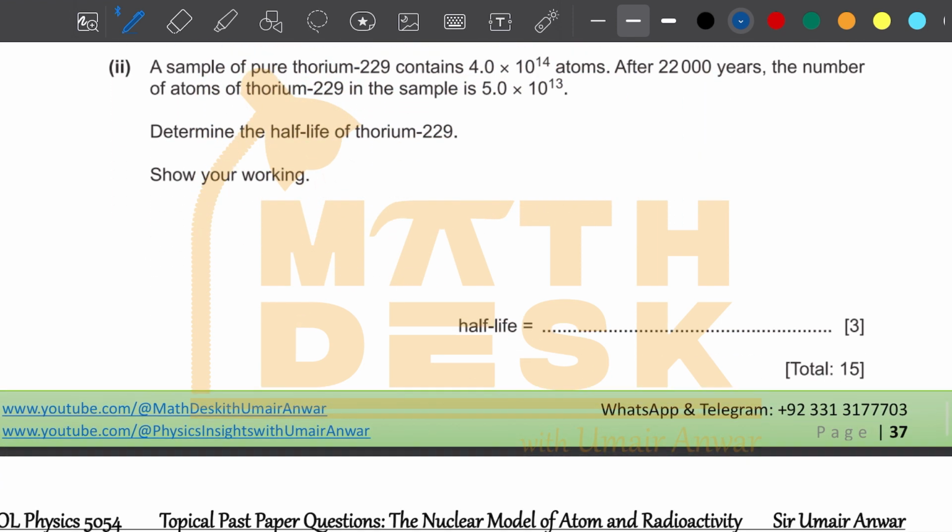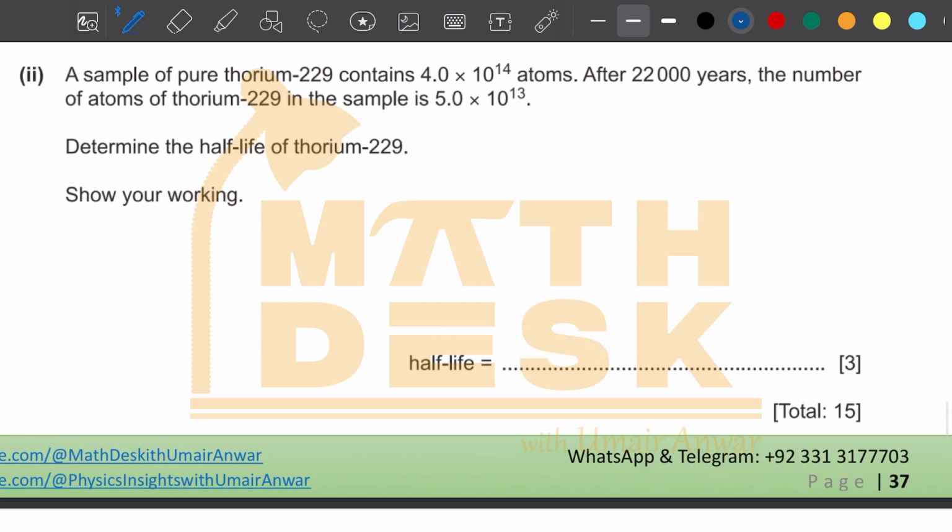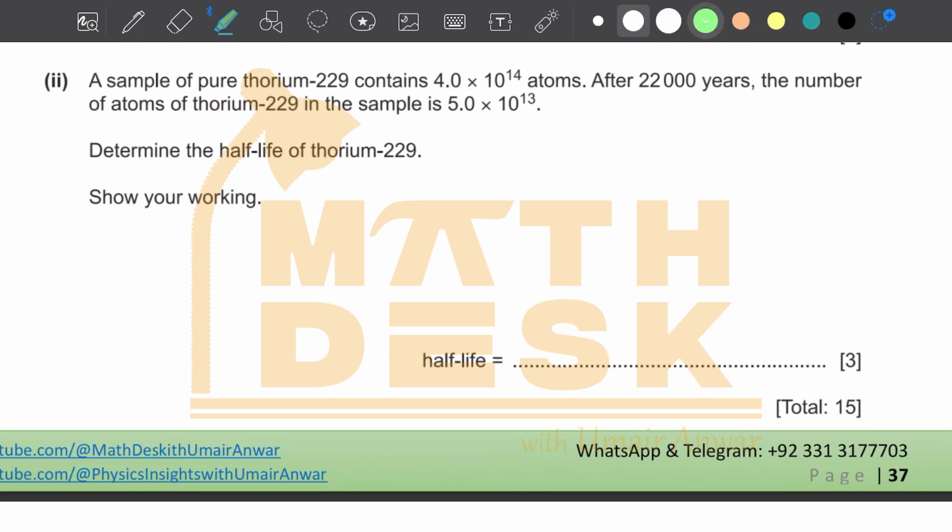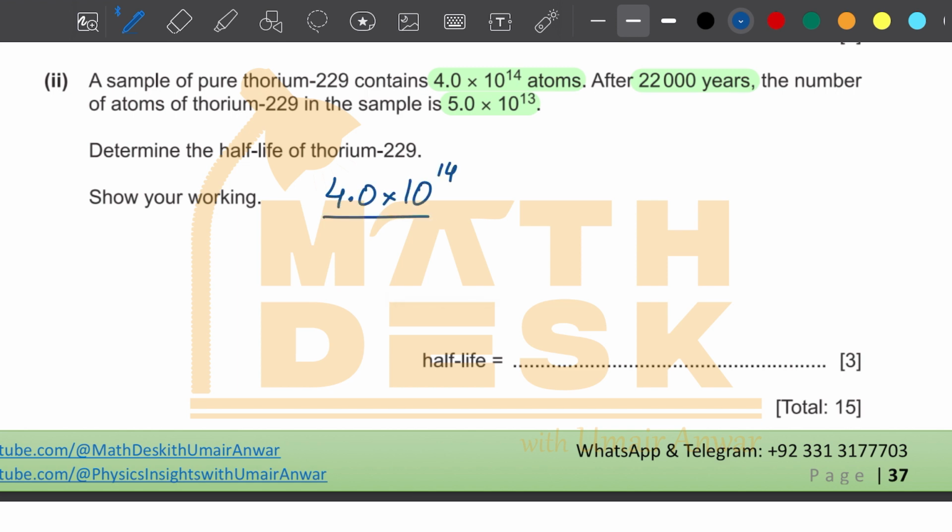The next part says a sample of pure thorium contains 4.0 × 10^14 atoms. So these are the initial number of atoms. After 22,000 years, the number of atoms of thorium 229 in the sample is 5.0 × 10^13. Determine the half-life of thorium. The starting number for thorium is 4.0 × 10^14.